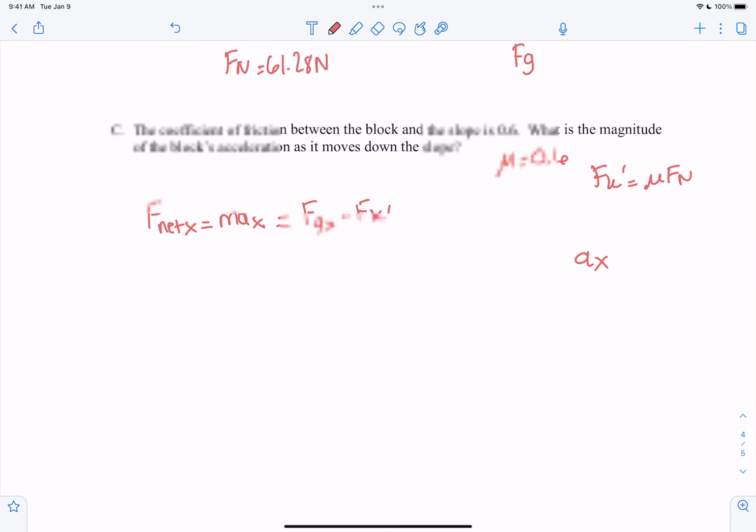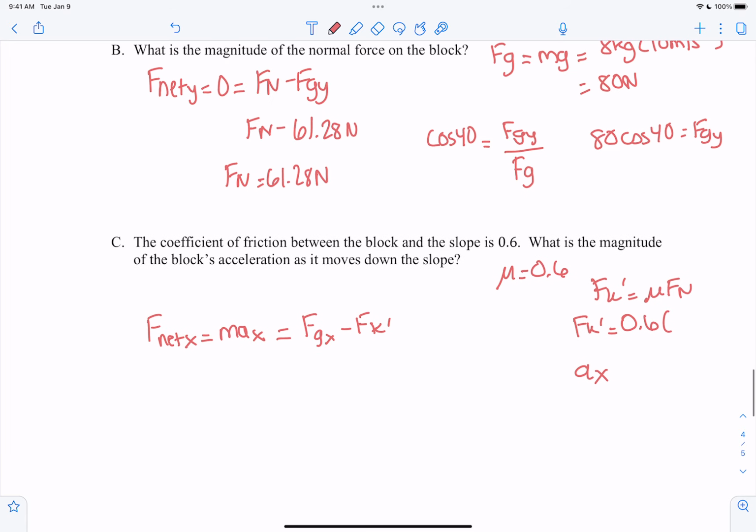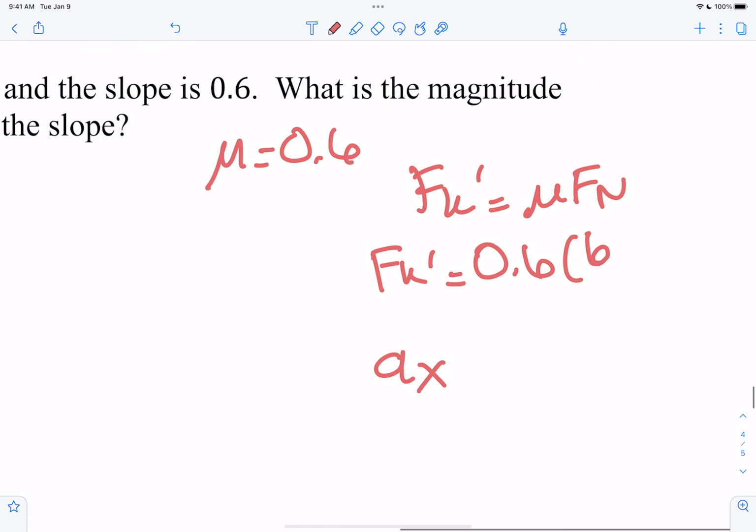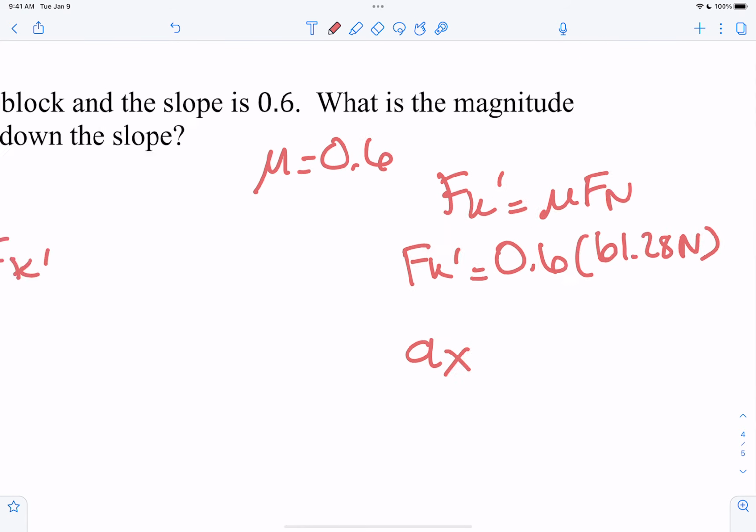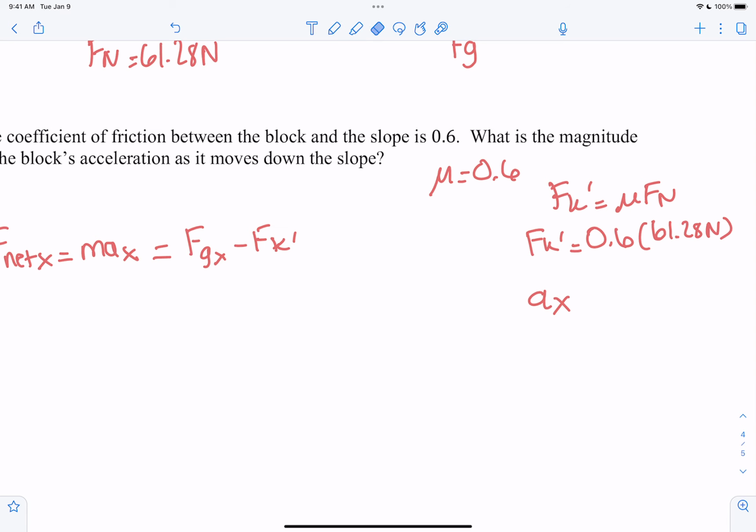So we have F net x equals MAX equals FGX minus FK prime. So we have FK prime here. That's equal to 0.6, the coefficient of friction, times the normal force. The normal force was 61.28 newtons. So FK prime is what?